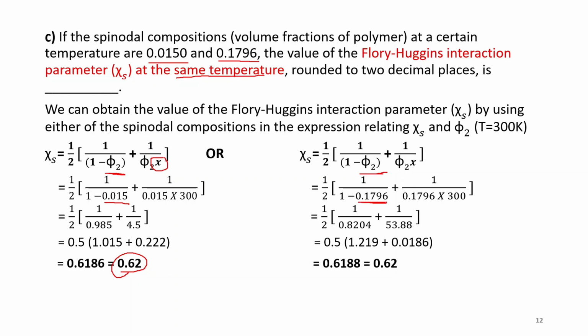The same formula we can apply, taking the segments of the polymeric chain as 300, and we calculate this and get the same answer, 0.61, because any of the volume fractions will give the same interaction parameter value. So we can approach this question by either of these two methods.